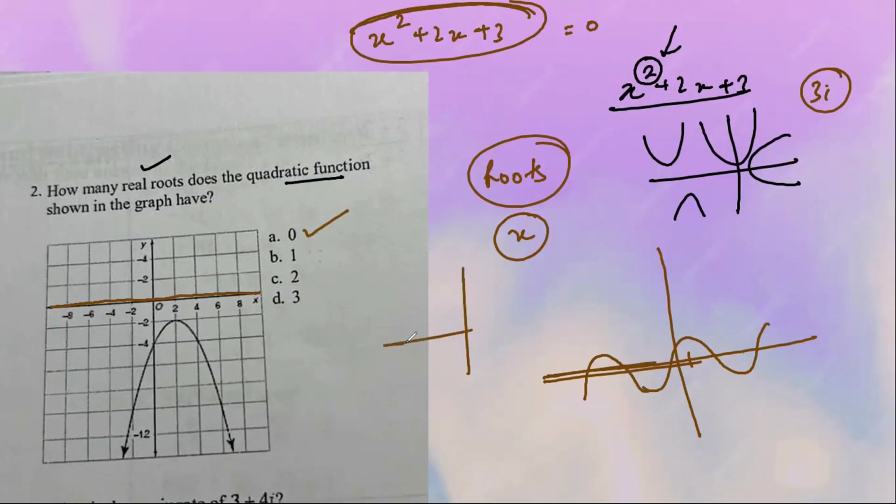Like if I say this one, the graph is touching the x-axis only 1 time. But because it is a quadratic function, we can say that the roots are equal.